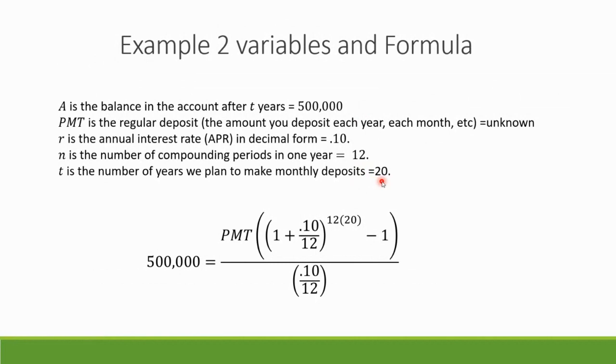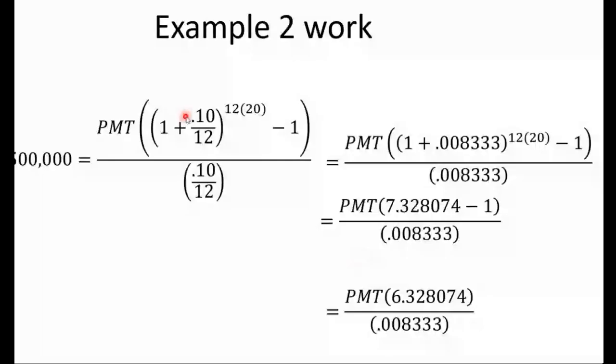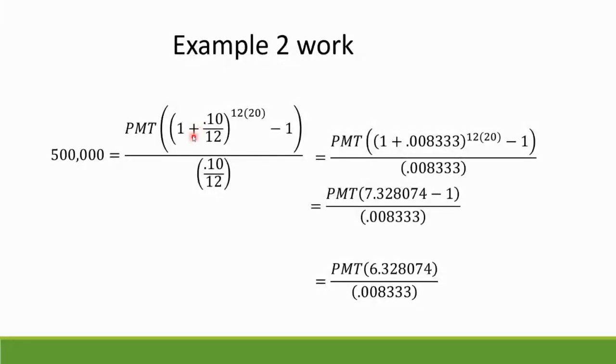Now that we have that, we have our formula, and that's this. So we have to figure out what this is. And again, it's really just like what we did in the previous example. What I would do is work with the innermost parentheses first, and then work your way outward. Order of operations, in other words. So it turns out 0.10 over 12 is about 0.008333.